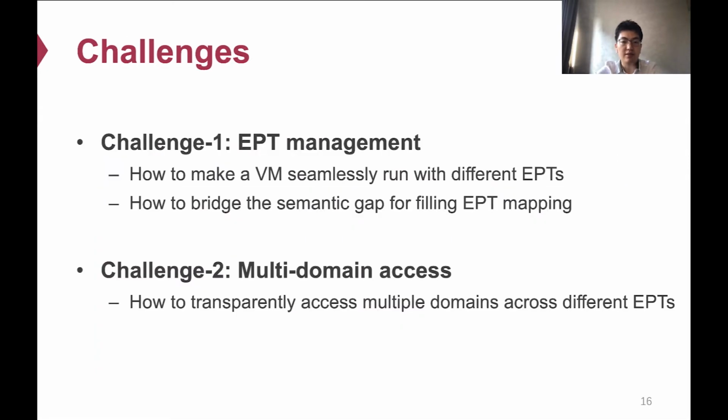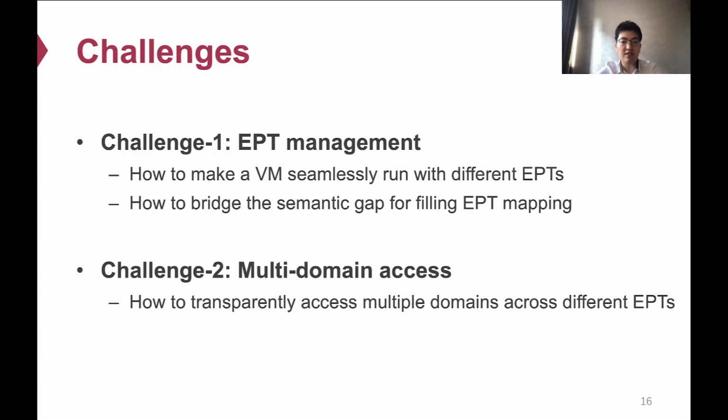While the idea is simple, there are two implementation challenges for combining MPK and VMFUNC. First, how to make a VM seamlessly run with different EPTs, when the hypervisor does not have domain mapping information? How can it tell a legal EPT violation caused by on-demand paging from an illegal one due to a wrong access?